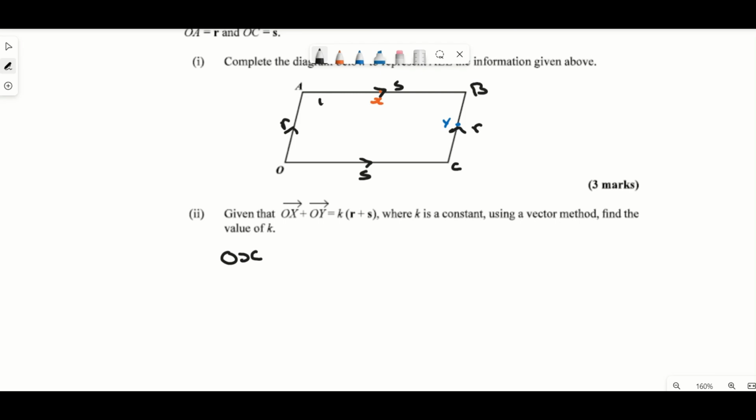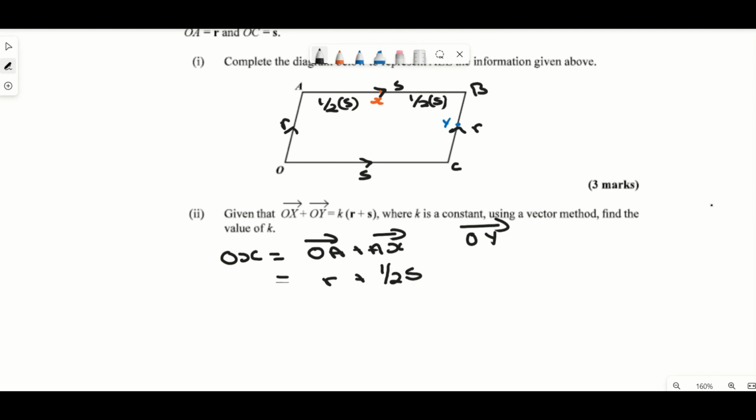So AX would be half of S, and XB would also be half of S. So OX would be, your starting point is O, so O to A, OA plus AX. OA is R plus AX. They're going in the same direction, so you don't need to worry about multiplying by -1. So OA is R, AX is a half S.